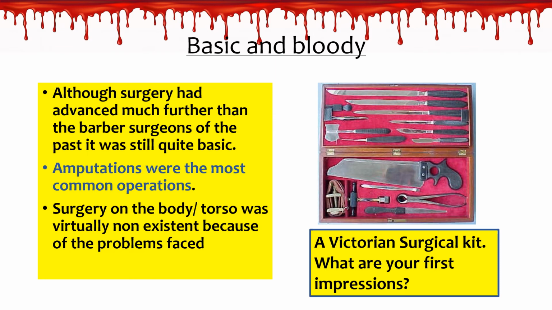Remember, you'd be awake and look over onto a table and see someone bang that open and start getting out a massive saw and say, yeah, we're just going to chop your leg off. Let's see what happens. And you're thinking, oh my God, you've not even had anything to try and numb the pain. So just have a think about that for a minute and how you would feel, because I know that I would be absolutely terrified. I don't know about you, but I think most people probably would.